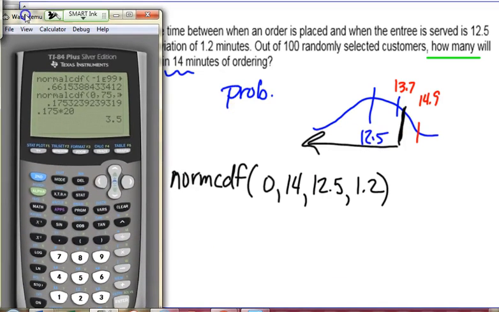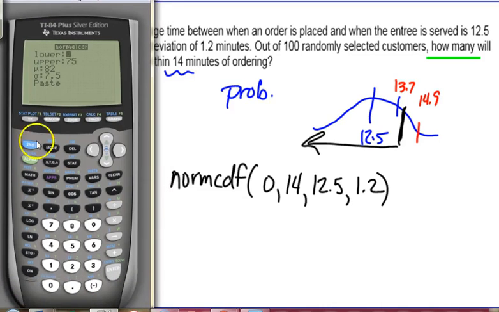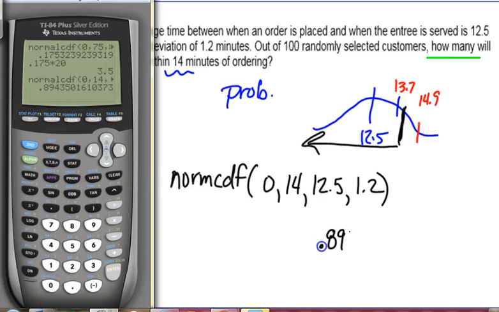All right, so second vars, norm CDF, 0, 14, 12.5, and 1.2. And we get 0.894. That's the probability, okay?